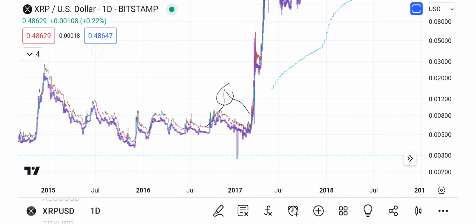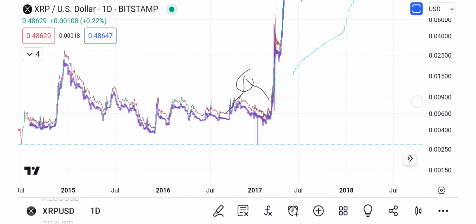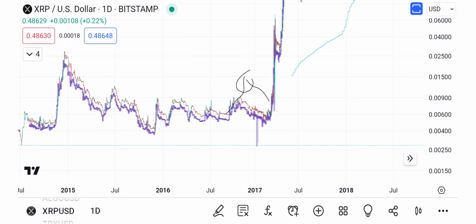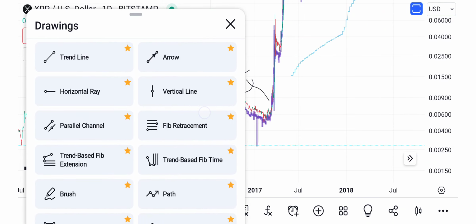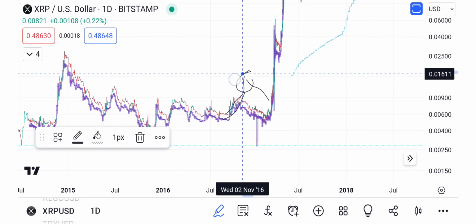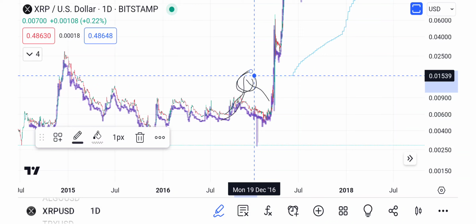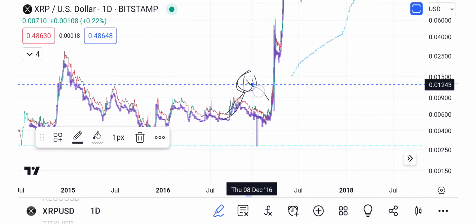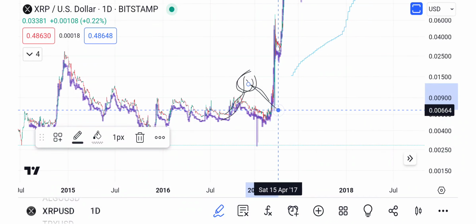So just like here in 2017, we had this fractal. The price came up here, and then right here, Judge Torres came in and brought the price down. This is 2017.